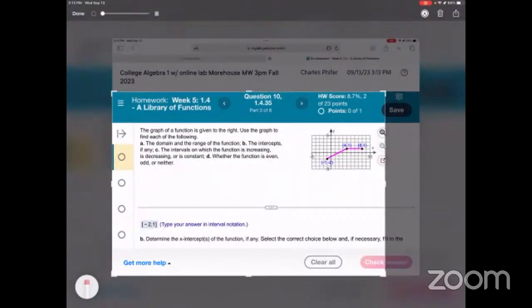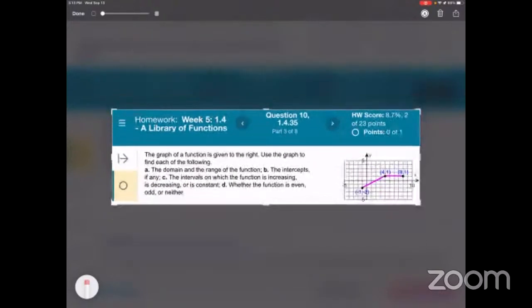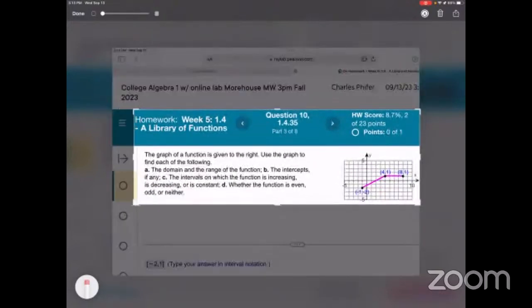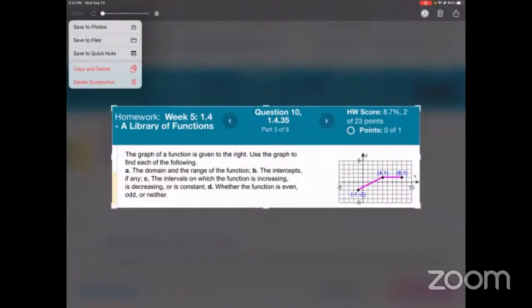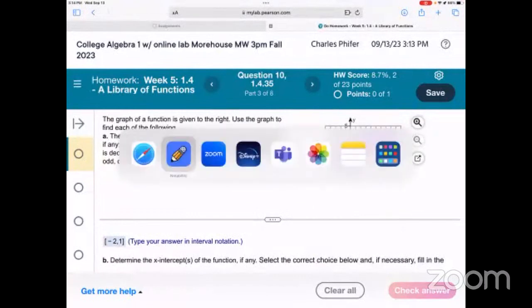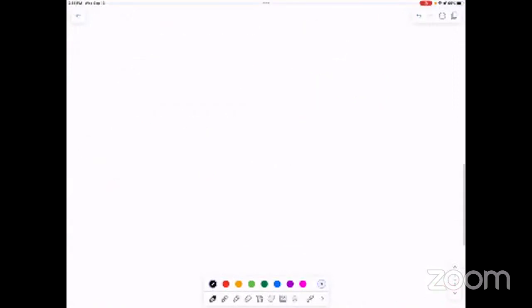All right, let's copy and delete. Okay, we're gonna hop over here. Right there, paste. Resize. All right.